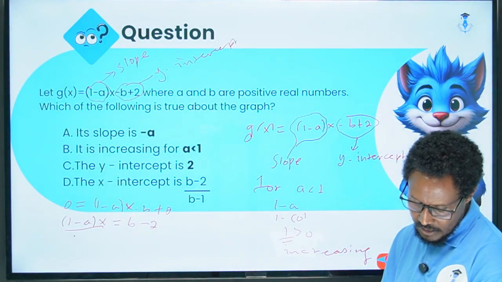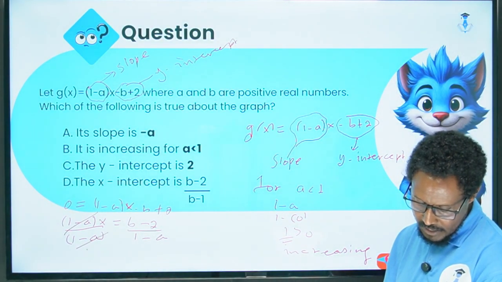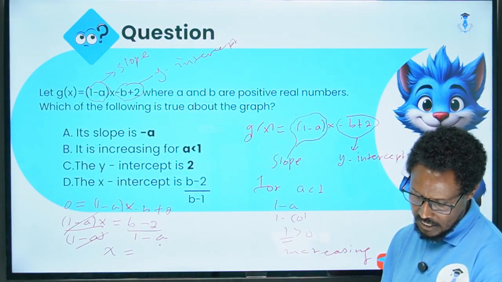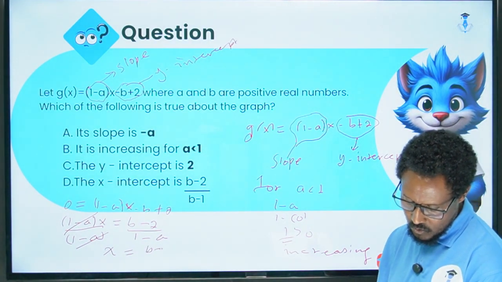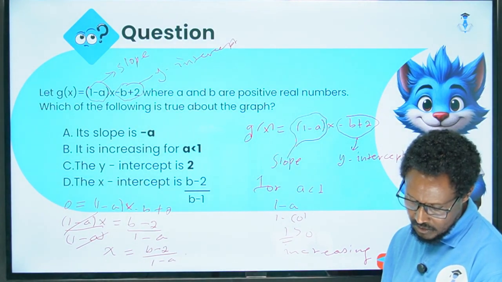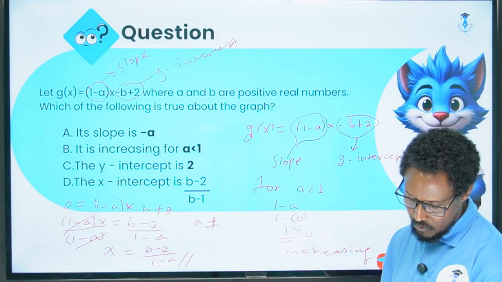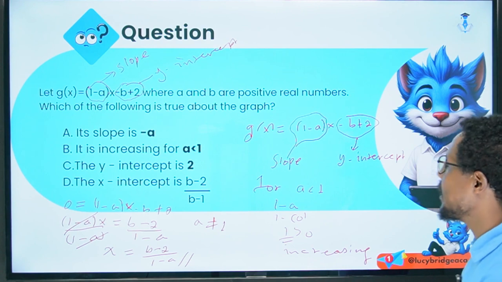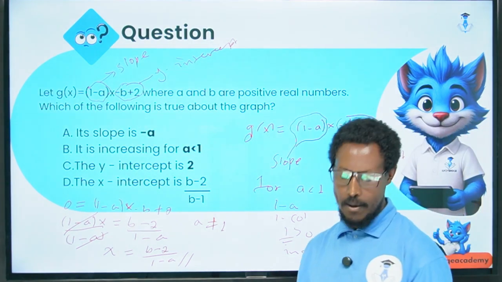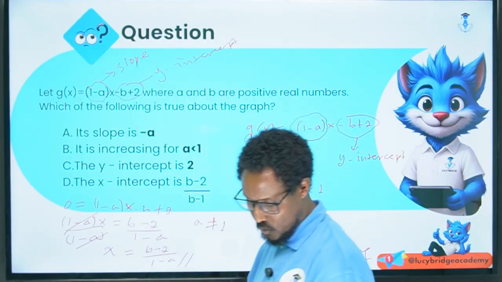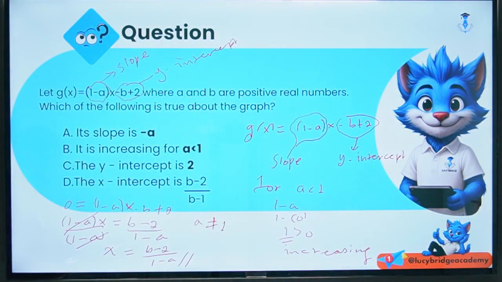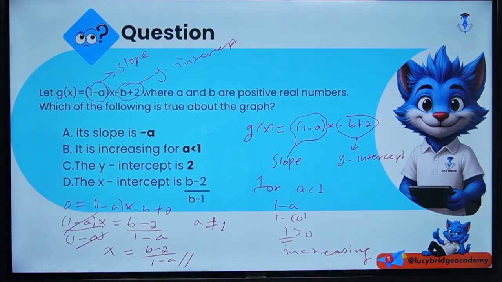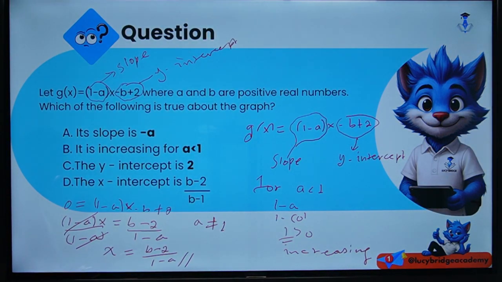Dividing both sides by 1 minus a, 1 minus a cancels. x is equal to b minus 2 over 1 minus a is the x-intercept, but a should be different from 1. So the x-intercept must be b minus 2 over 1 minus a. So b minus 2 over b minus 1 is not the x-intercept. Therefore the answer is it is increasing for a less than 1.